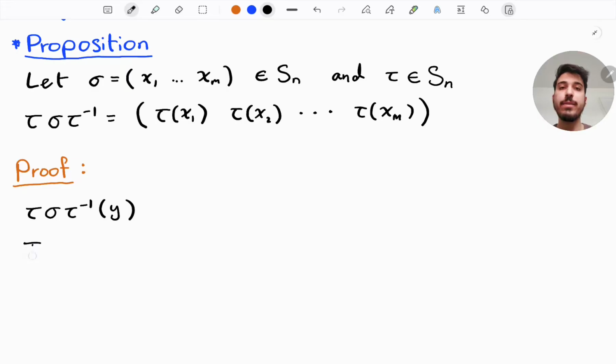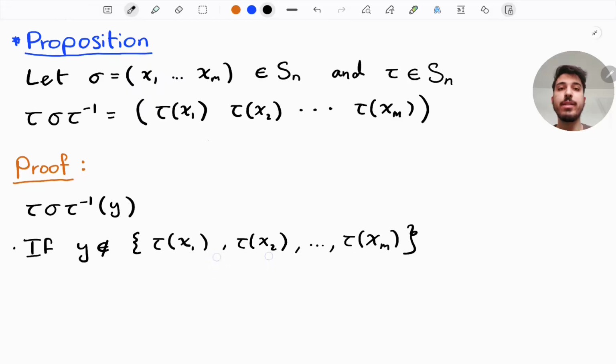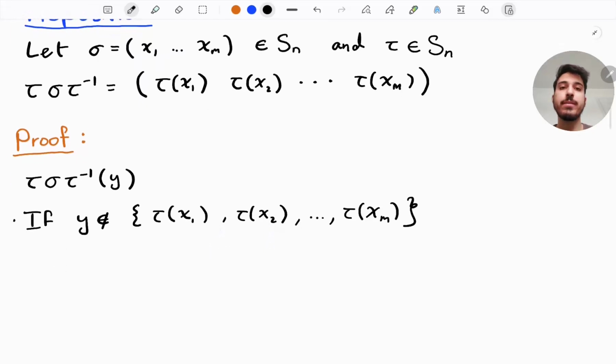First of all, if y is not an element of tau x1, tau x2, all the way to tau xm, then we expect in our proof, because y is not in this cycle, that this permutation has to fix y. So we have tau sigma tau inverse of y has to be equal to y. We need to prove this.